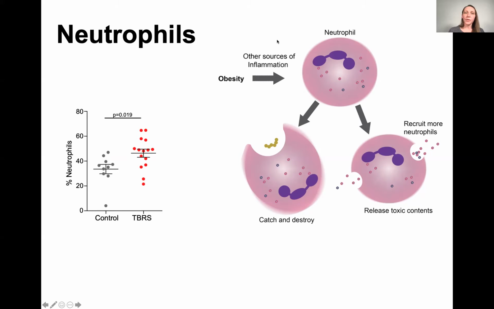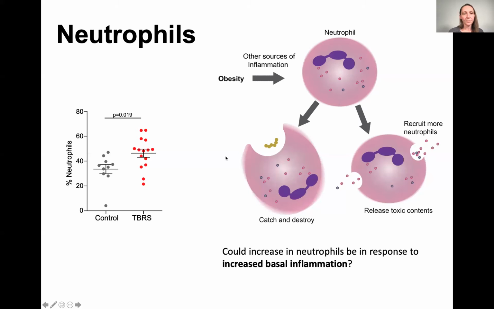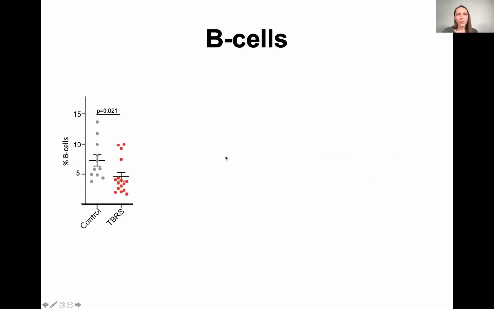So an obese individual has higher basal inflammation. That too could be sensed by the neutrophils, leading to this downstream cascade, which would result in the production of more neutrophils. So perhaps the obesity that we see in TBRS could be linked to this increase in the neutrophils that we saw in our lab test.